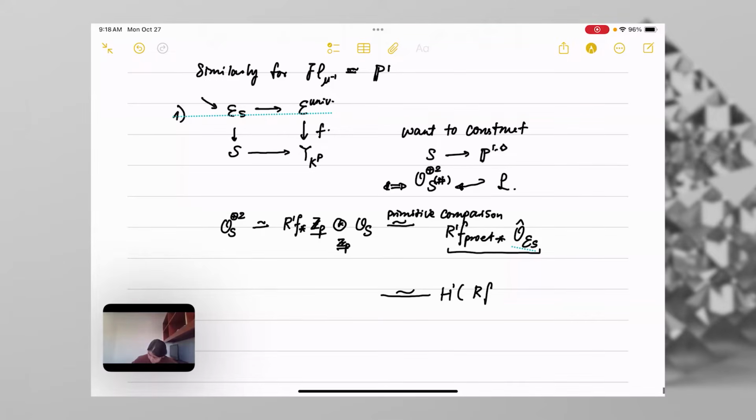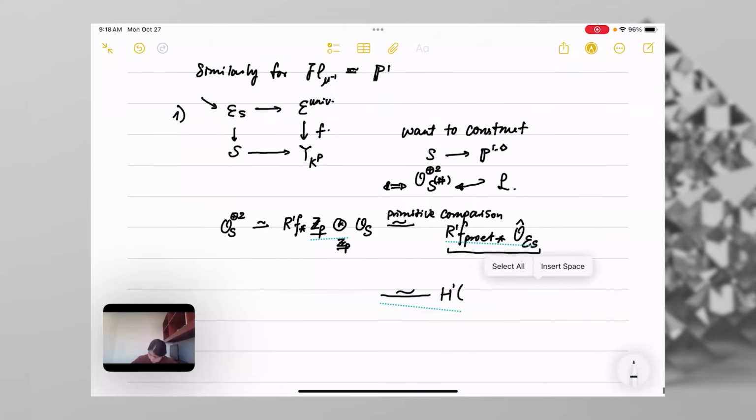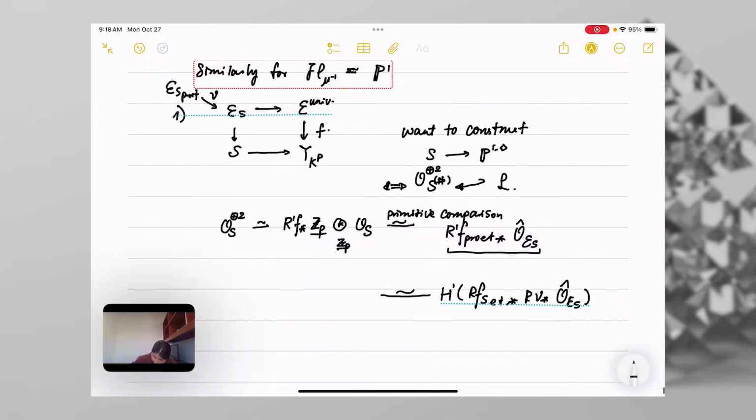the H^1 of the pushforward from the pro-étale side all the way to the étale side. Namely, we can rewrite the right-hand side as the étale pushforward of R nu_* of O hat, where nu denotes the projection from the pro-étale side to the étale side here.